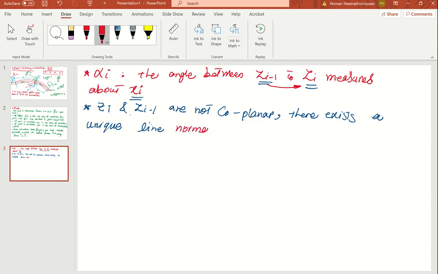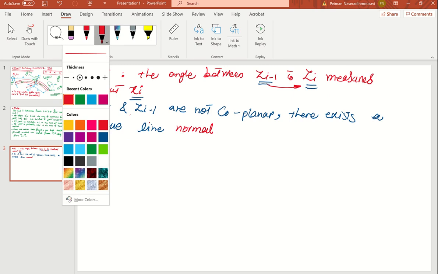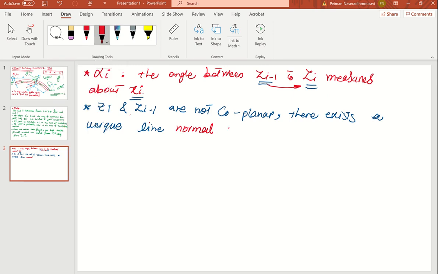Normal line means normal to both zi and z i minus 1.